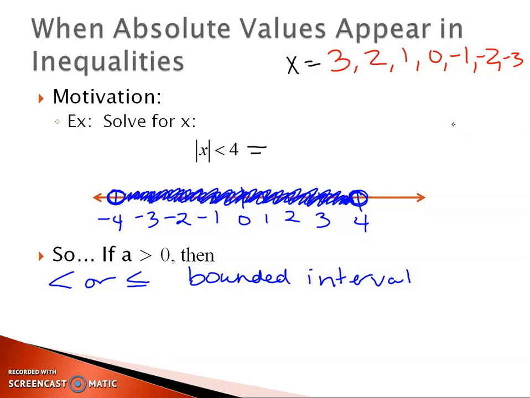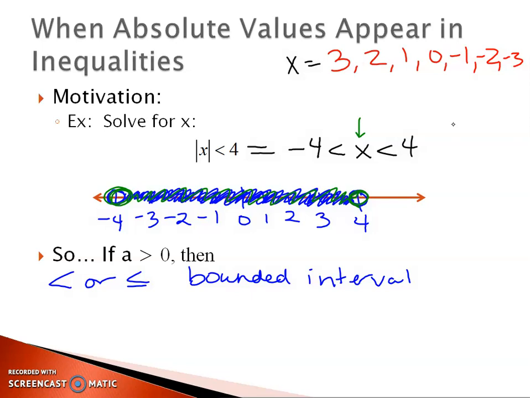So the absolute value of x less than 4 ends up giving me -4 is less than x, which is less than 4. Okay, and that's the ones where I would say if the x is in the middle, then we shade in the middle. If the x is in the middle, then we shade in the middle. Okay? So the absolute value of x less than 4 equals a -4 less than x less than 4.